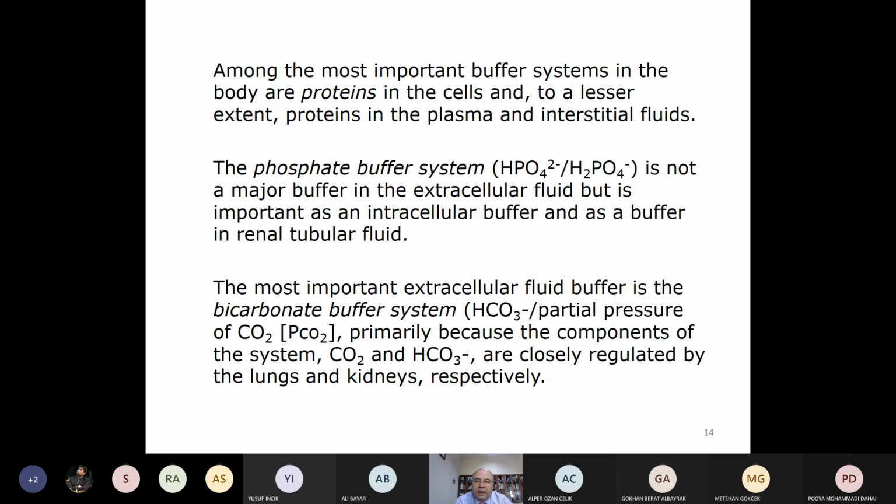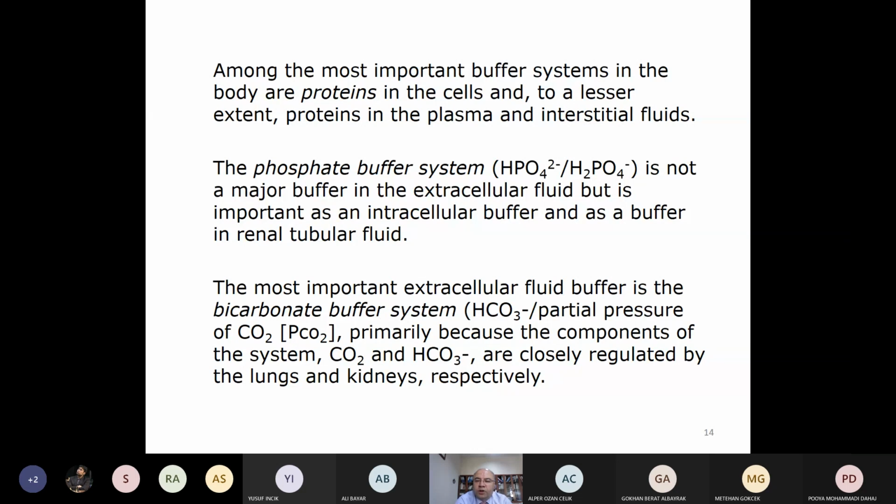Here you see monohydrogen phosphate and dihydrogen phosphate. If there is acidosis, monohydrogen phosphate binds hydrogen, so the amount of dihydrogen phosphate will be increased in acidosis.